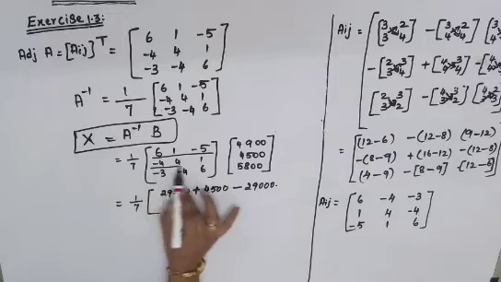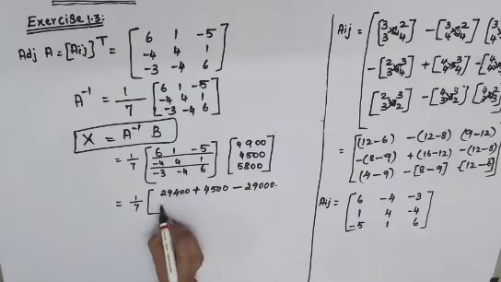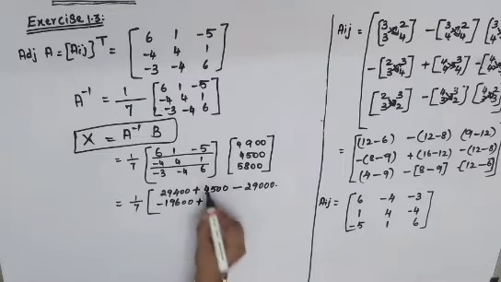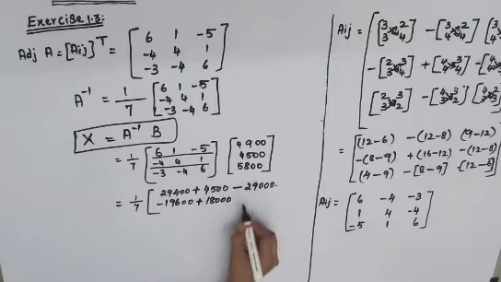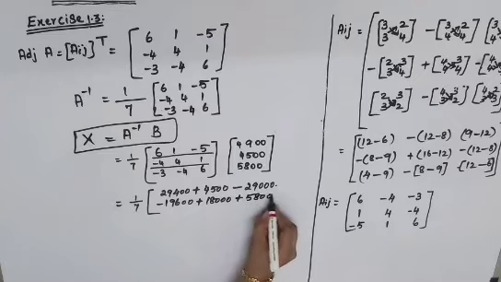Then second row, the same column, minus 4 into 4,900, you will get minus 19,600, plus 4 into 4,500, you will get 18,000. Then plus 1 into 5,800, you will get 5,800.